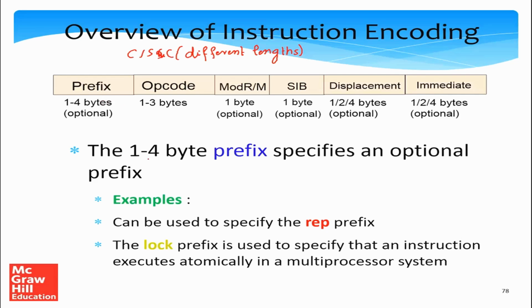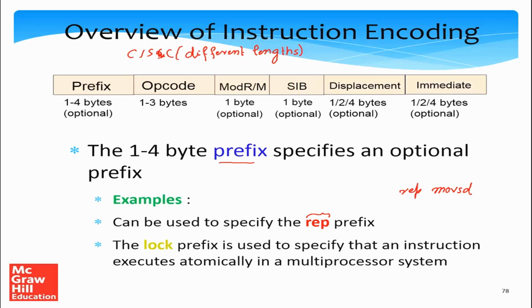So what is the prefix? This prefix field specifies, for example, the rep prefix that we have taken a look at in instructions. We can have an instruction in the form rep movs. This will essentially execute movs several times, similar to a loop.